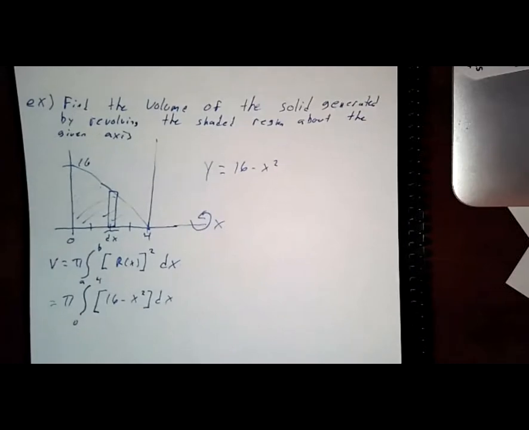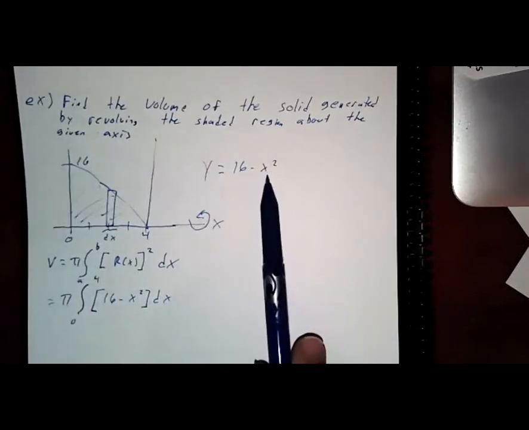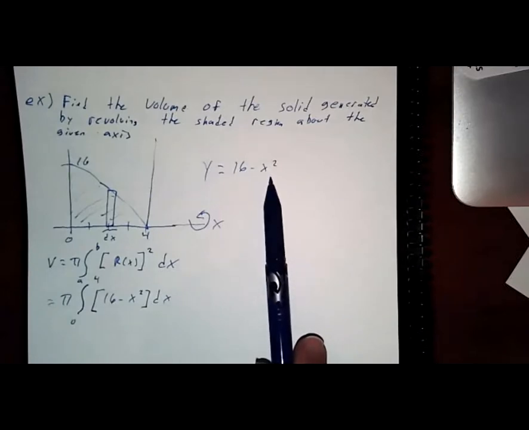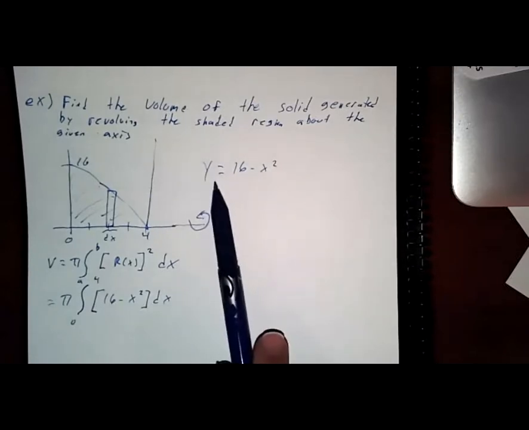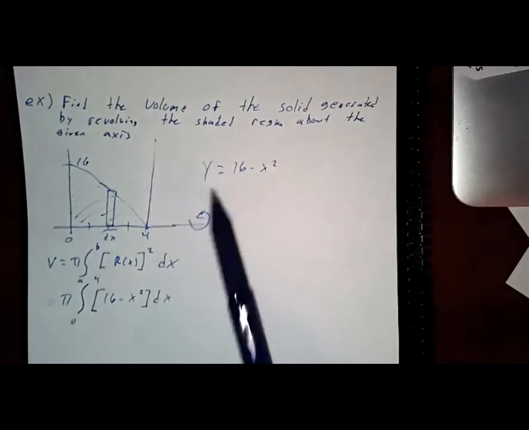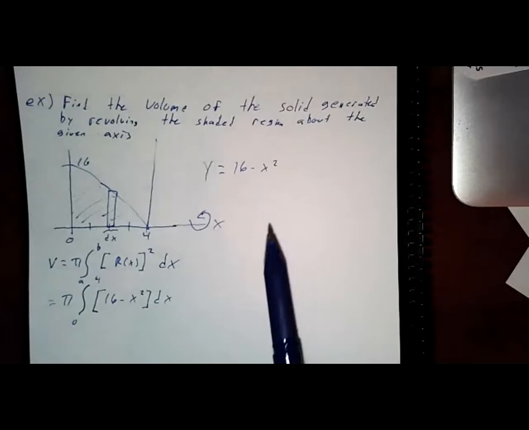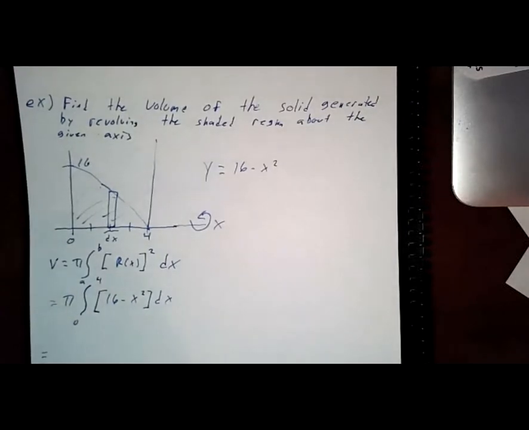So then I'd have to set it up that way. It'd be going from 0 to 16 on the dy, and then I'd have to solve for x in order to get it in terms of y, and then find my shell height and shell width. And it should actually work out just fine.